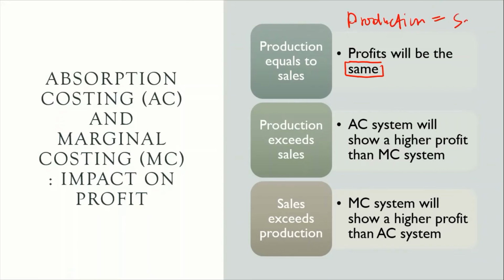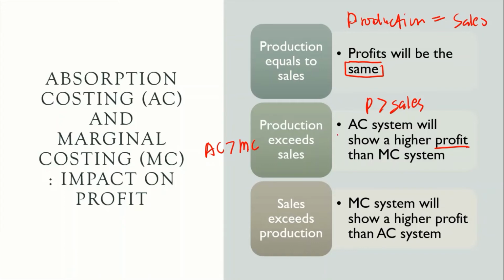But when production exceeds sales, when production is bigger than sales, AC will be higher than MC in terms of profit. So this is the same as the case before, the example that I've shown you. When production is bigger than sales, AC would produce higher profit.